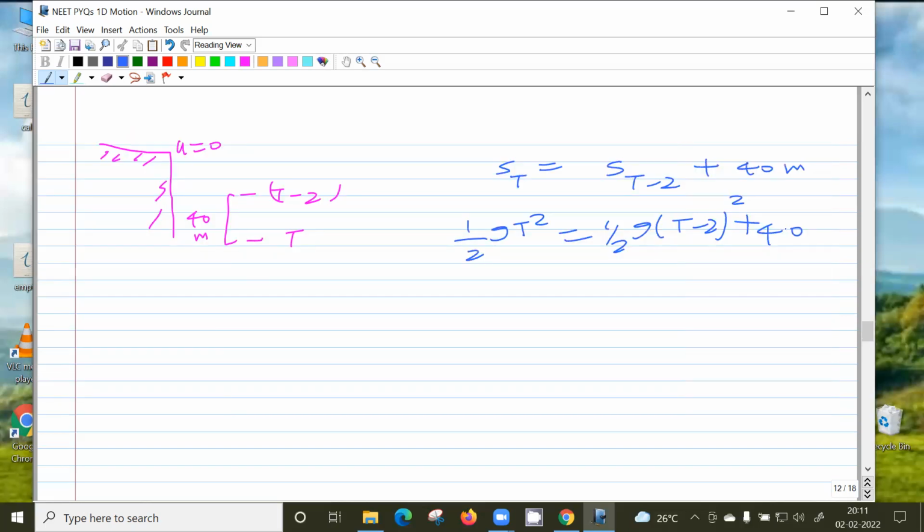Once you get t, the height of the tower is the displacement at time capital T, which is the time taken to go from top to ground.